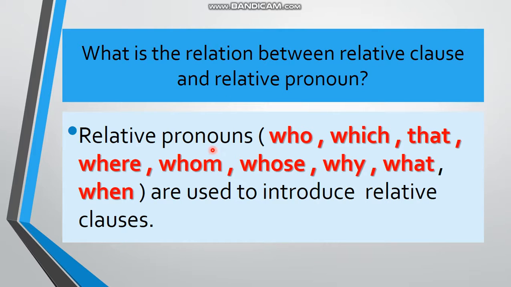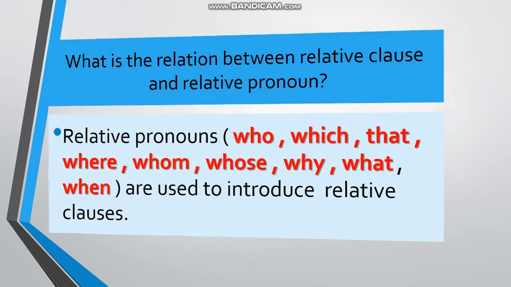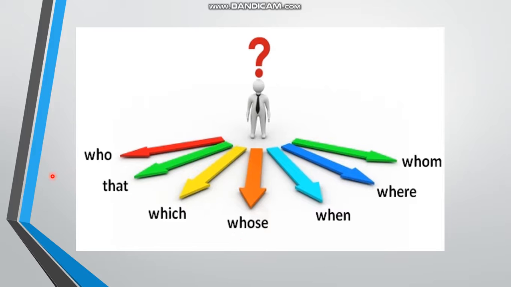We have several relative pronouns: who, which, that, where, whom, whose, why, what, when. They are used to form a relative clause in a sentence, in a complex sentence. And each has its specific use in a sentence.